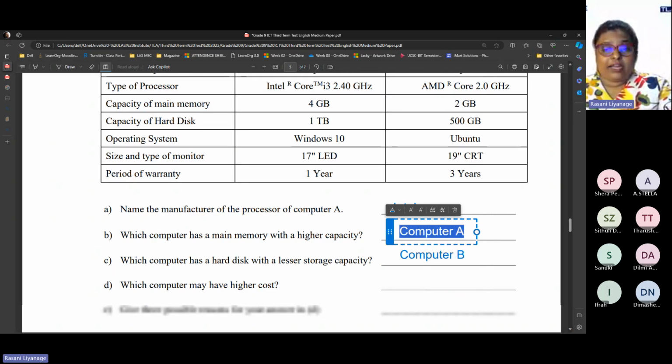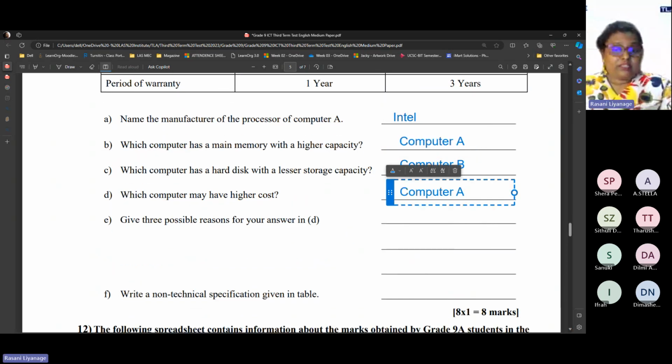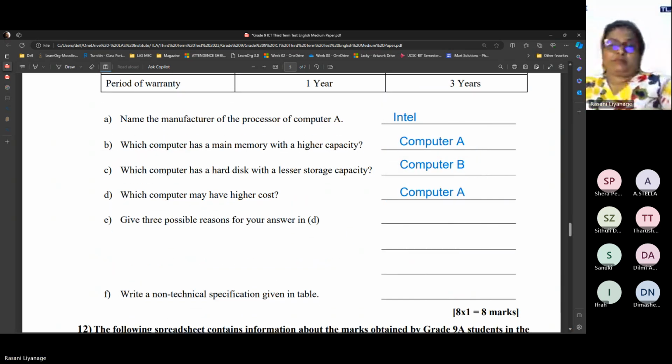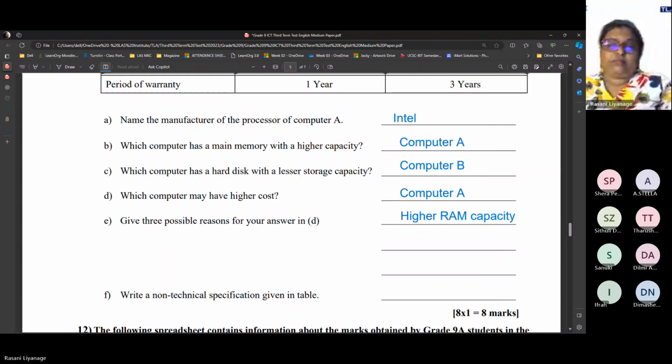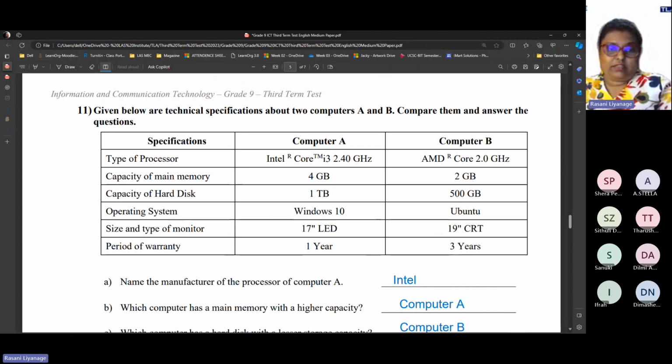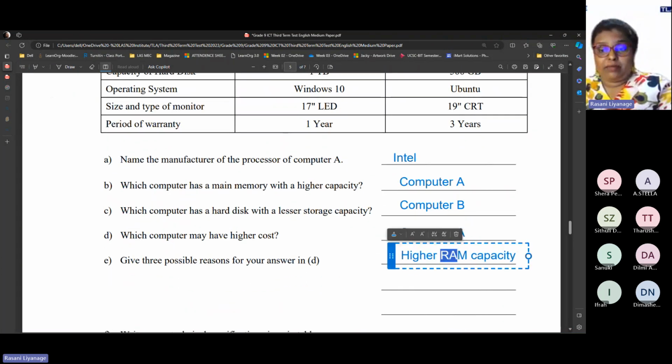How to write the reasons? Reasons ලියන්නේ මෙහෙමයි. Higher තියෙන වචන වලින්ම ලියන්න හොඳයි. Higher RAM capacity. Or higher main memory capacity. RAM කියලා නෑනේ. අපි ඒ තියෙන words වලින්ම ලියමු.